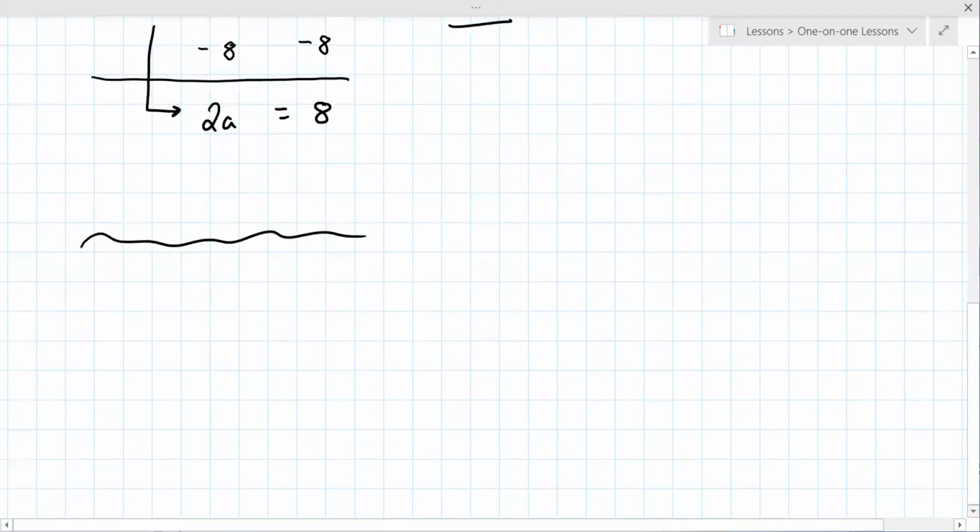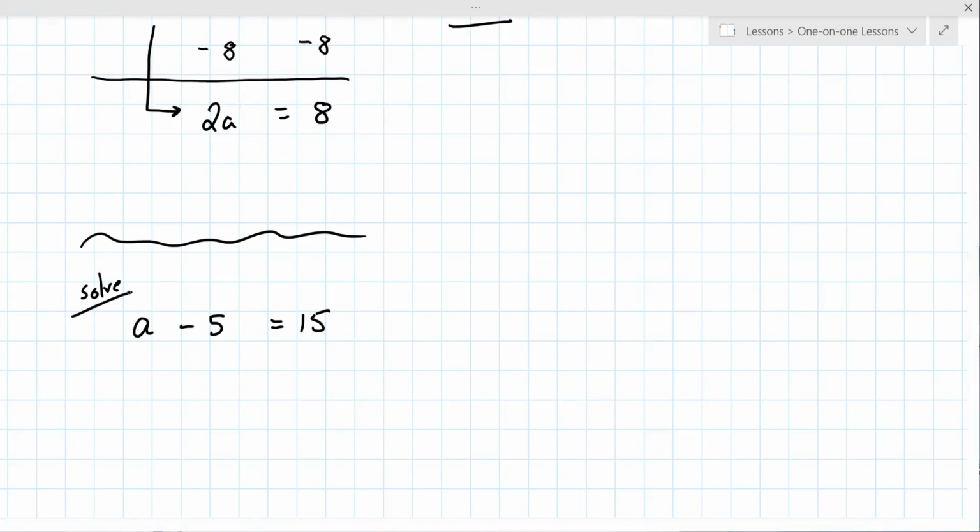Okay, let's try something different. I'm trying to get to where I know what it is you're working on. So let's say it's a minus 5 equals 15, and I ask you to solve this. Yeah, that's kind of what we're doing. What would you do here? I do 5 minus 15. So this 5 is subtracting from a, so you undo subtraction with addition.